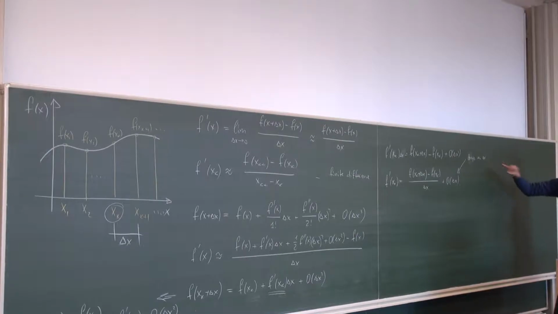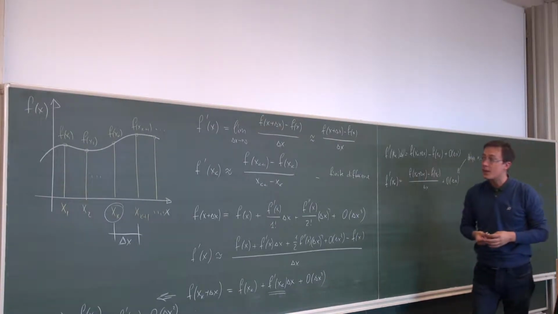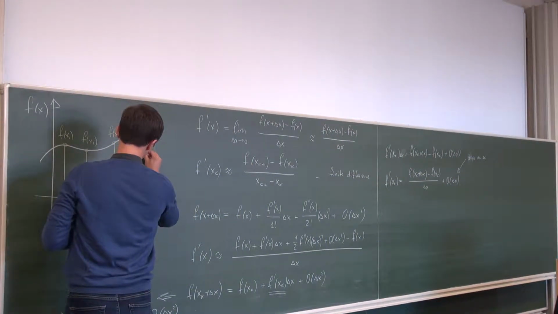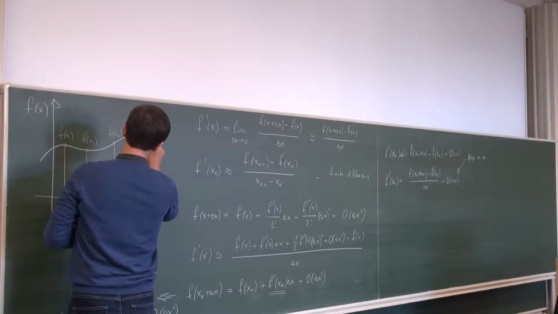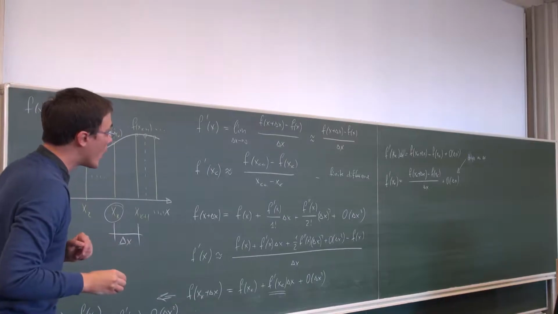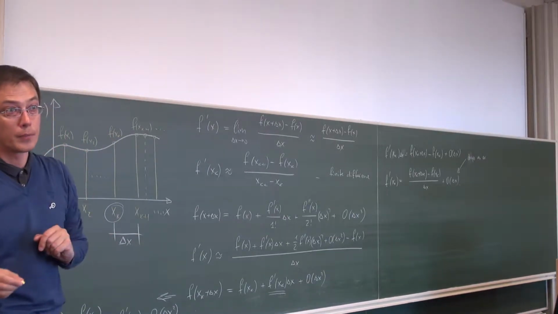If we make delta x twice as small, so our grid will become twice as fine, if we, for example, put an extra point into here, this expression guarantees that the error will likewise be reduced by a factor of 2.